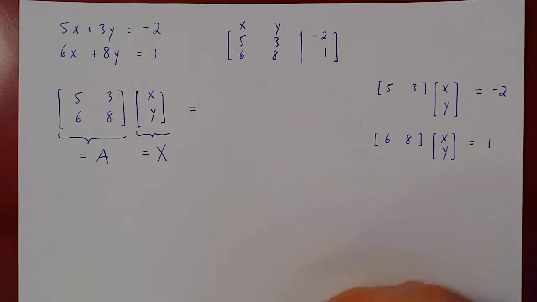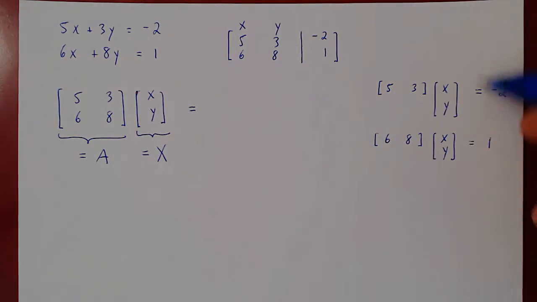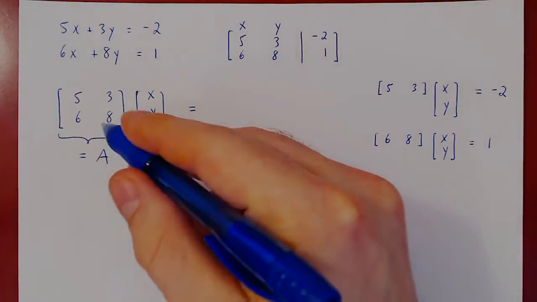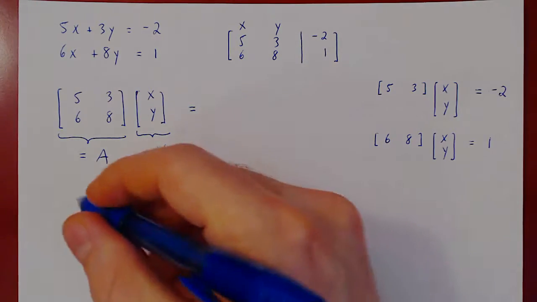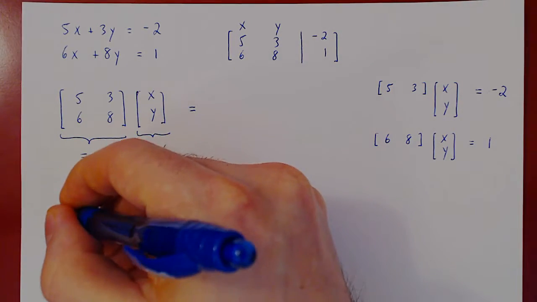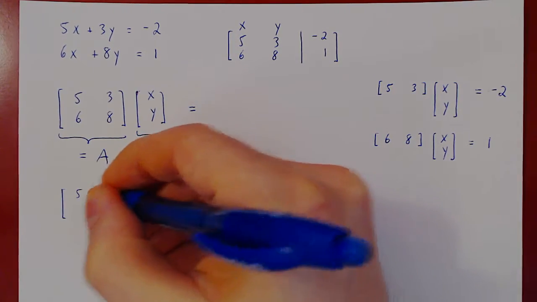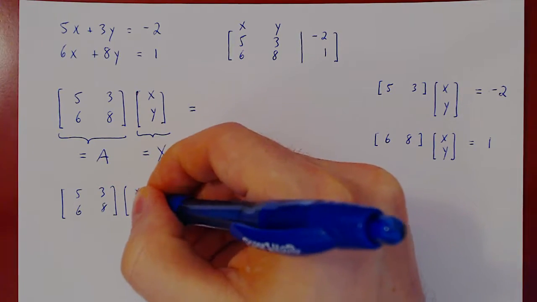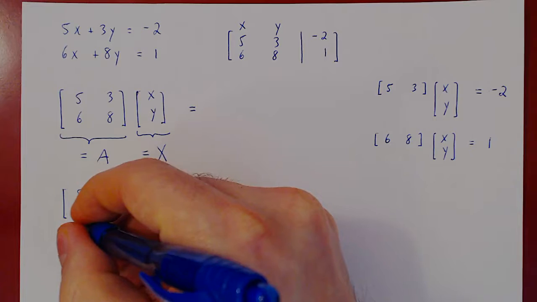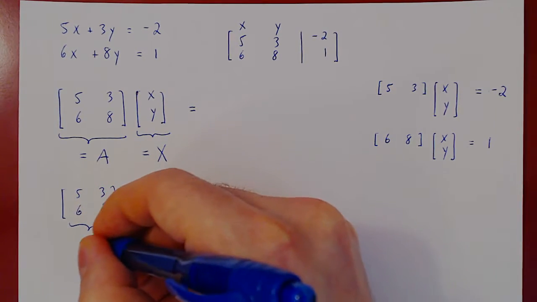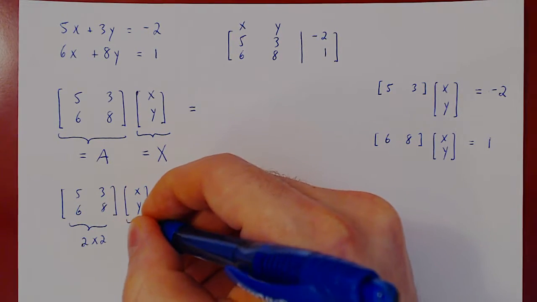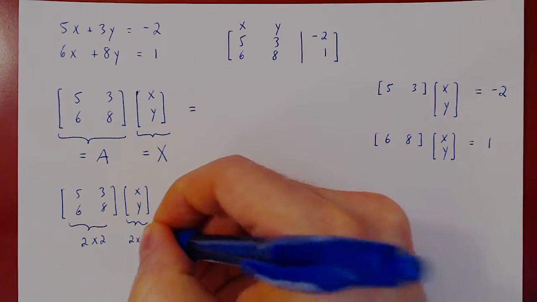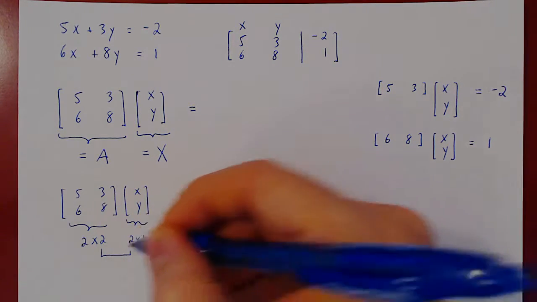Well, let's see. Let's multiply this out and double check that we're okay. I'll just rewrite it here, 5, 3, 6, 8 times x, y. A is a 2 by 2 matrix. Uppercase X is a 2 by 1 matrix, so multiplication is defined.